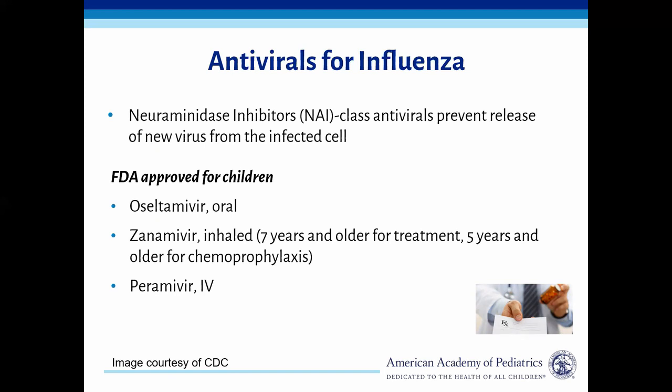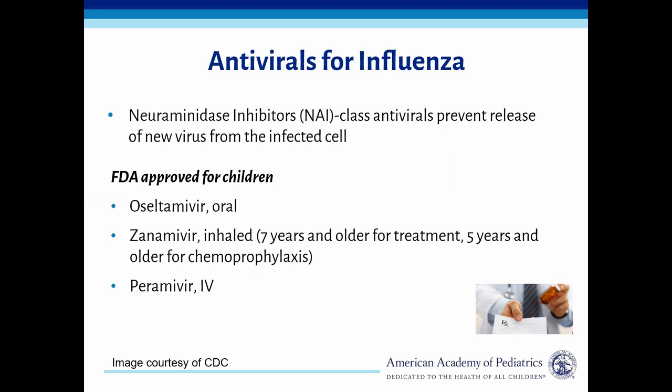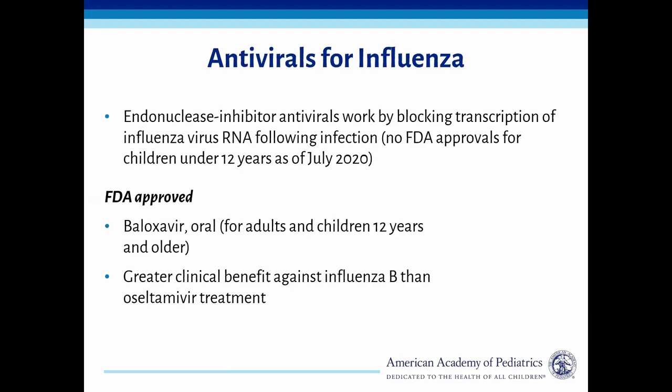Peramivir, although you would think it's IV, so maybe it's for inpatients, it's actually only approved for use in outpatients, hasn't been studied enough in inpatients with severe disease, and it's a single dose. When might you use it? Well, in children with medical complexity who can't take an oral medicine or an inhaled medicine, peramivir may be exactly what would be beneficial. Next slide, please.